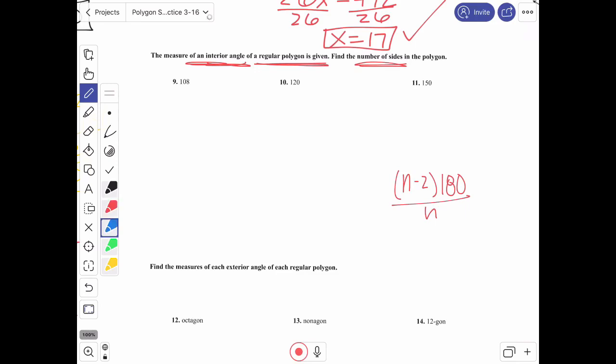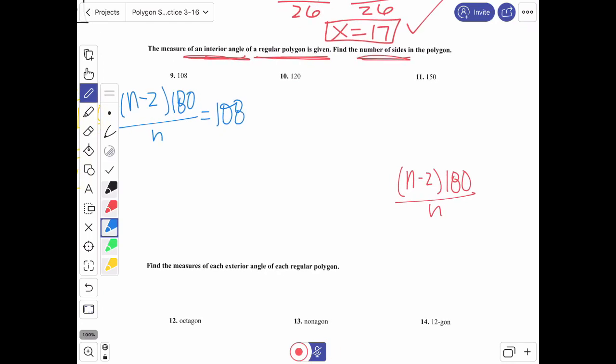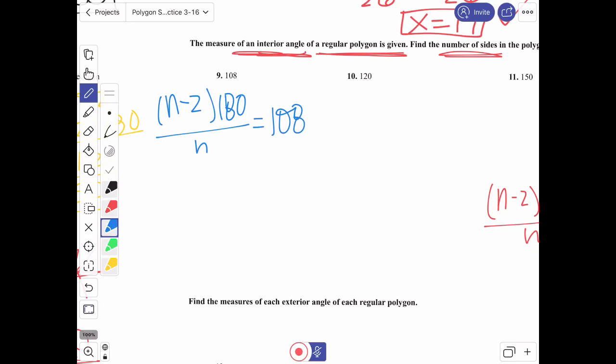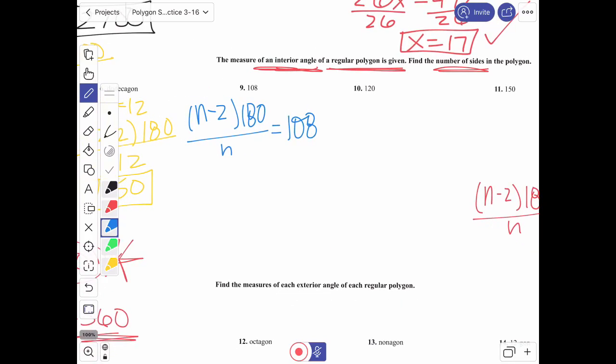So if I start with this first one, I know that if I take n minus 2 times 180 divided by n and set it equal to 108, then I can figure out what n is. So this is like in trig, where I'm going to multiply by n on both sides.